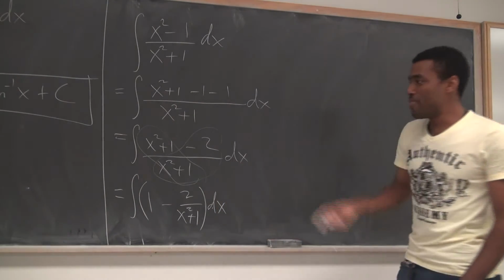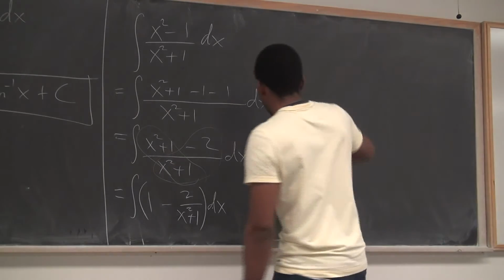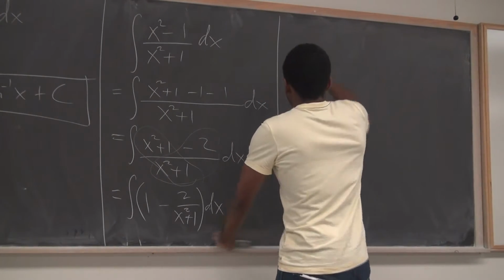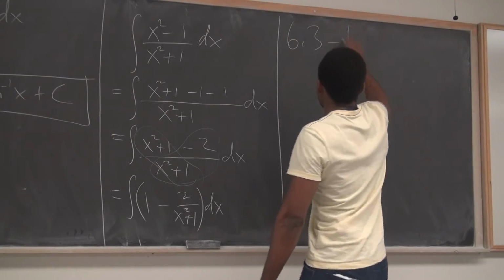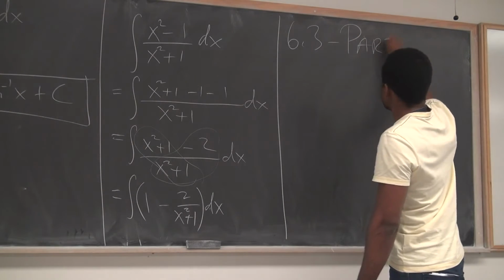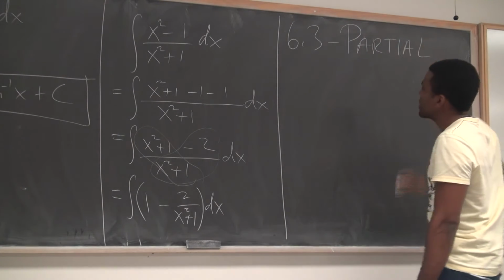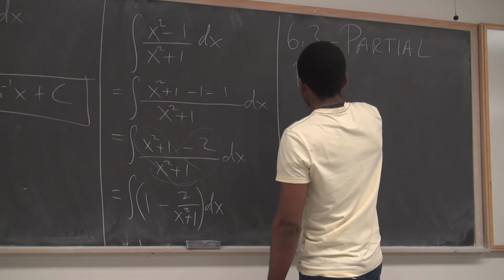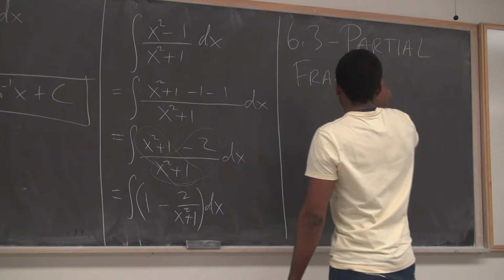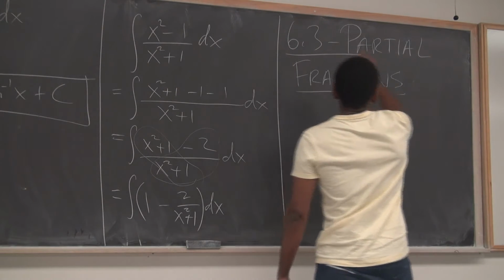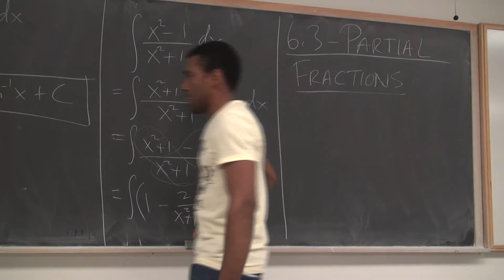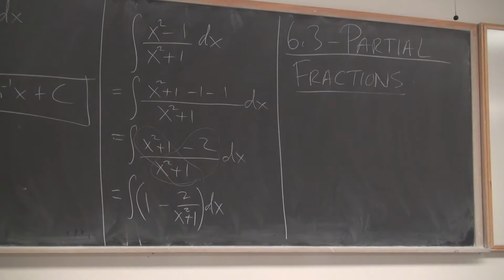Okay, so this is going to be the segue into the topic of today, which is 6.3, partial fractions. It's another integration technique. It's pretty cool. There are going to be cases where we can get away with a lot of stuff using partial fractions.